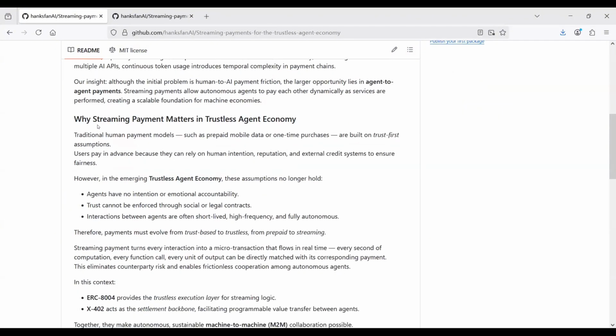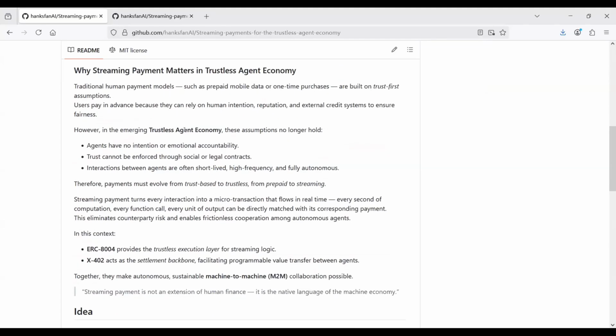Here is why it matters. In the traditional way, such as human payments, models are built on trustful assumptions. So here is the sentence: payments must turn trustless.